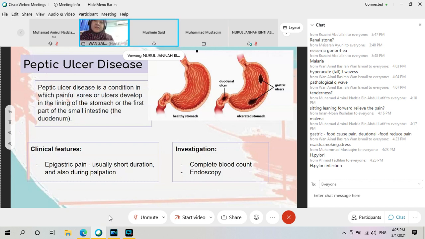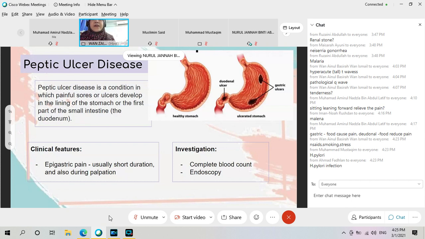Okay. Alright. So kalau prostaglandin diinhibitkan, maka kuranglah mucus production in the stomach. Jadi kuranglah dia punya lining tu kan. That's why patient senang dapat ulcers. That is NSAID. Okay. So others lah macam smoking.